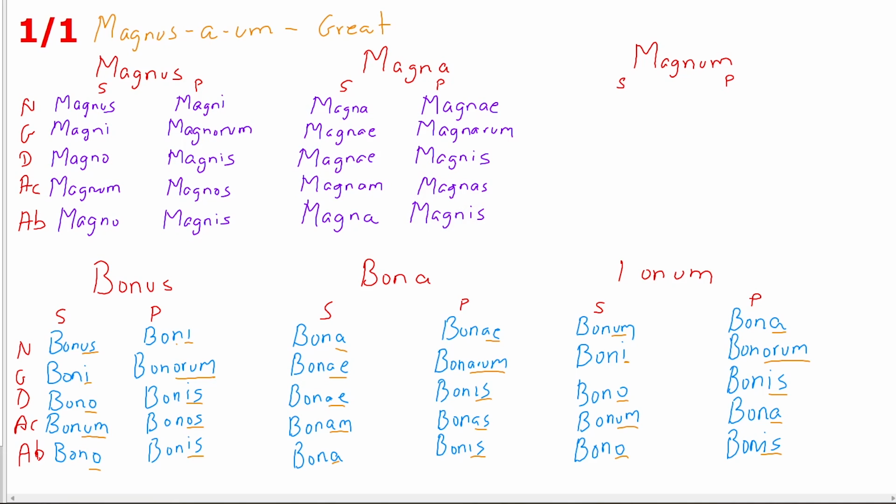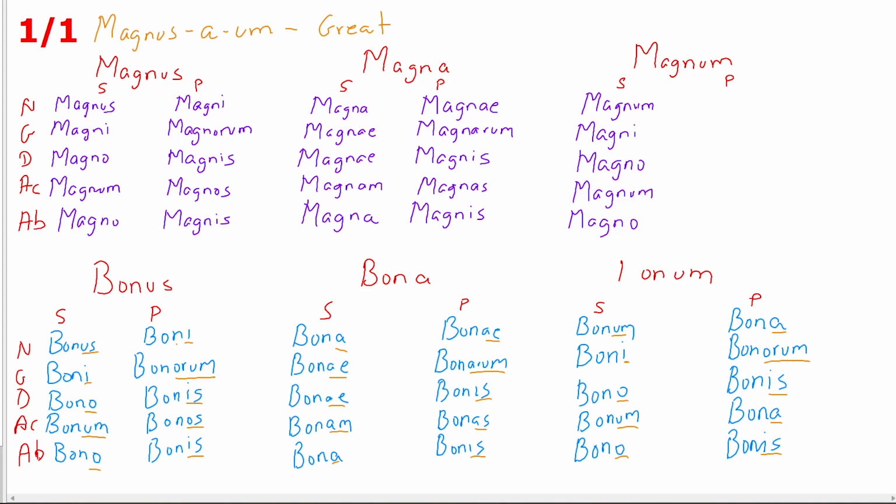Let's do the neuter. Now we have magnum, nominative singular. What would be genitive singular? Magni, dative singular magno, accusative singular magnum, and ablative singular magno.